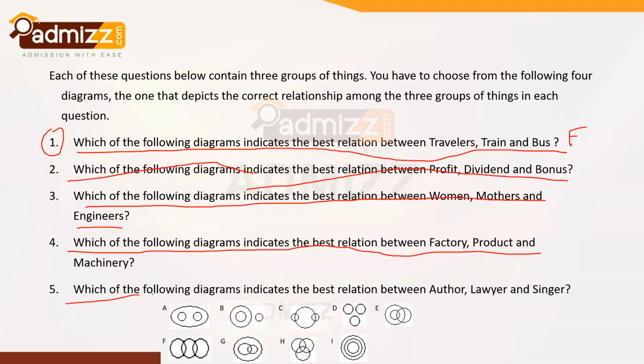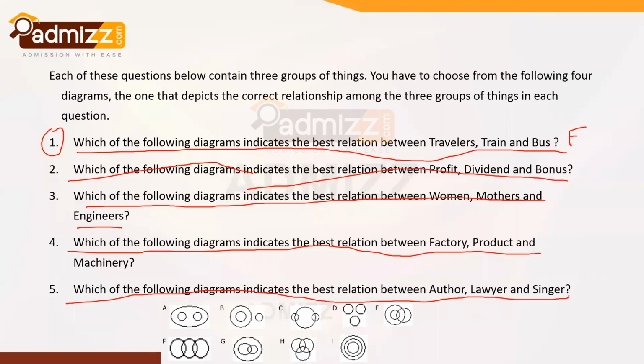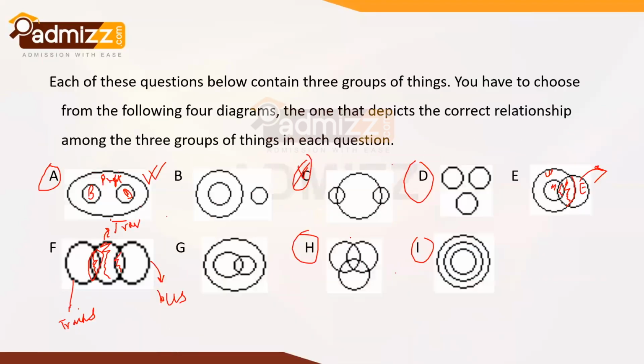Last up, which of the following diagrams indicates the best relation between author, lawyer, and singer? All right, so this might be quite confusing because in this case, the correct option can be either H or D, right? A person can be all of author, lawyer, and singer at the same time, right?